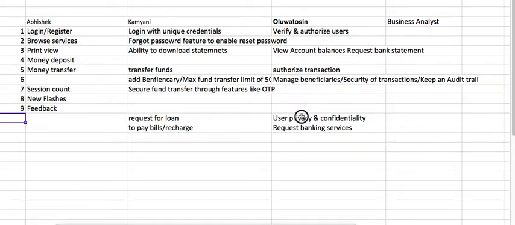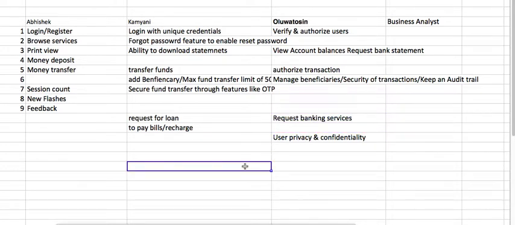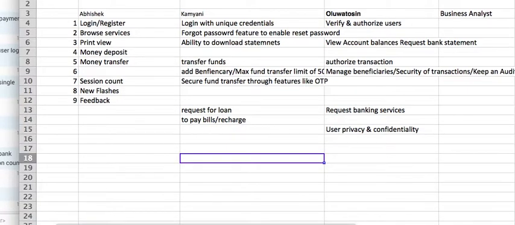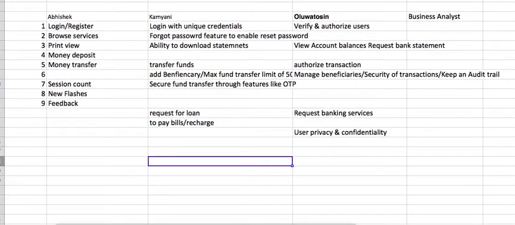Okay, if it is loan, or this is your loan. Okay, what do new flashes mean, Abhishek? For security purposes the bank maintains the session count. Okay, so that's your new flashes.